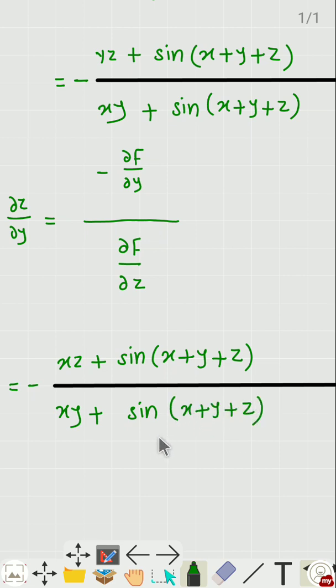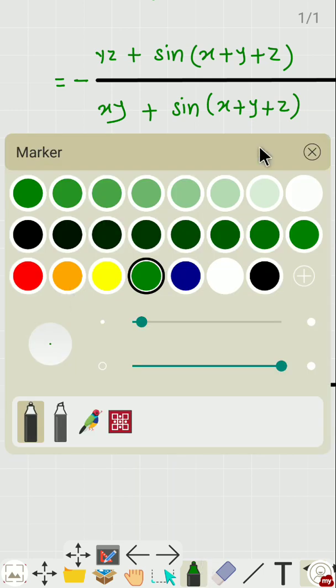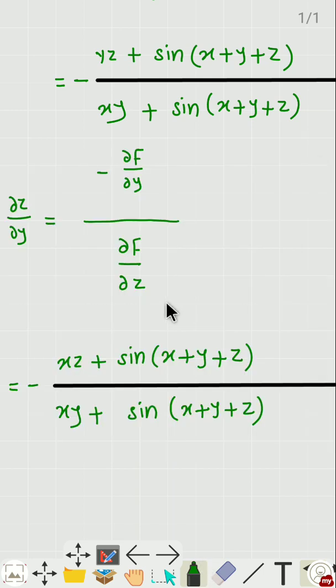So these are the two partial derivatives. Okay, so this is the chain rule corresponding to the implicit form of a function.